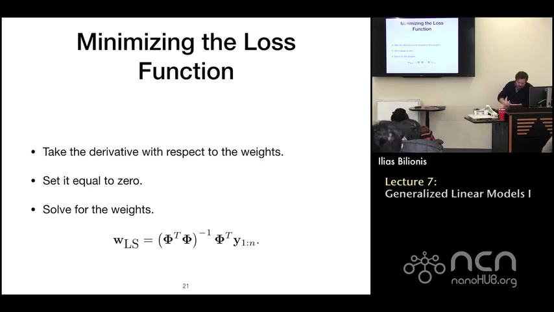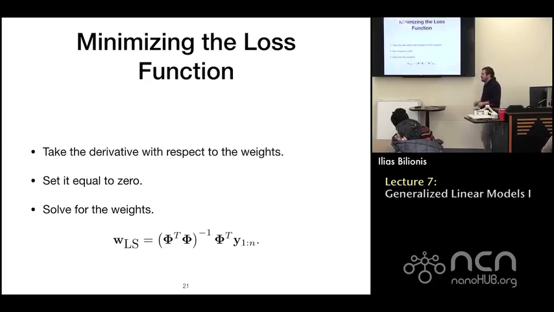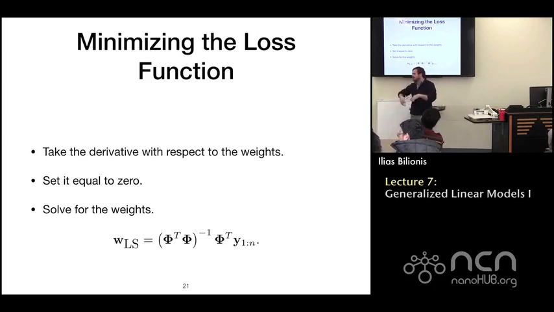So now we are able to minimize it, right? Because we wrote it as the norm of the difference between a matrix vector product and a vector. We can now just take the derivative with respect to the weights, w, set it equal to 0, and we'll find a unique answer, and that unique answer is given by this expression.